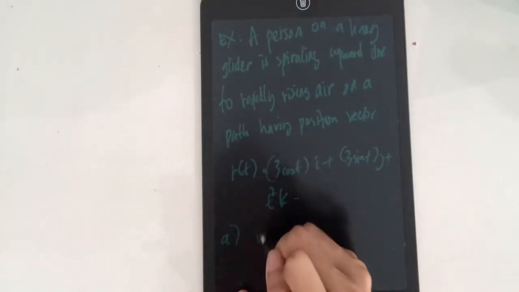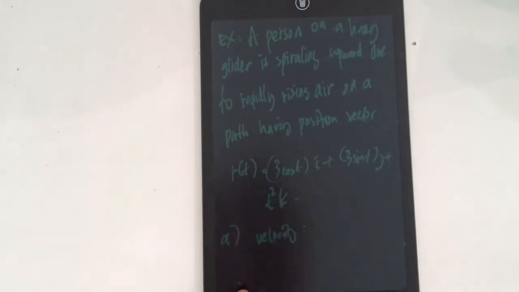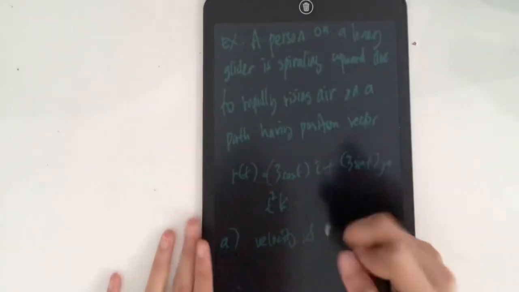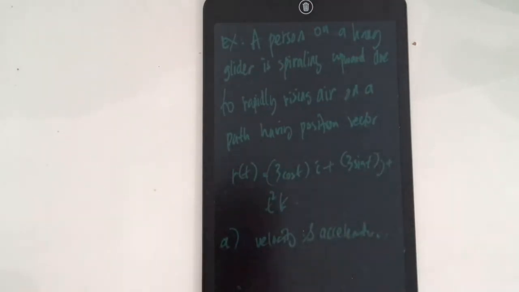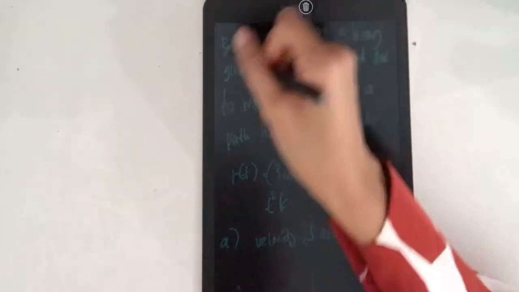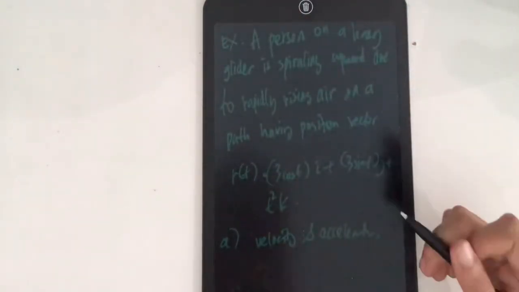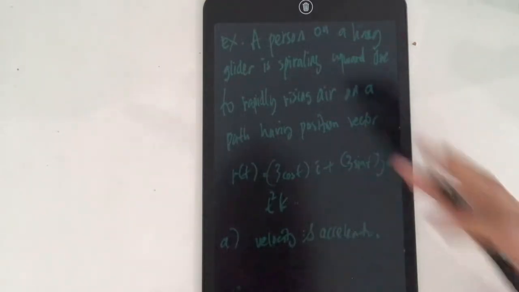the velocity and acceleration. Okay. Alright, so I repeat the question. A person on a hang glider is spiraling upward due to rapidly rising air on a path having position vector. Like I said earlier, all of this does not influence your question.